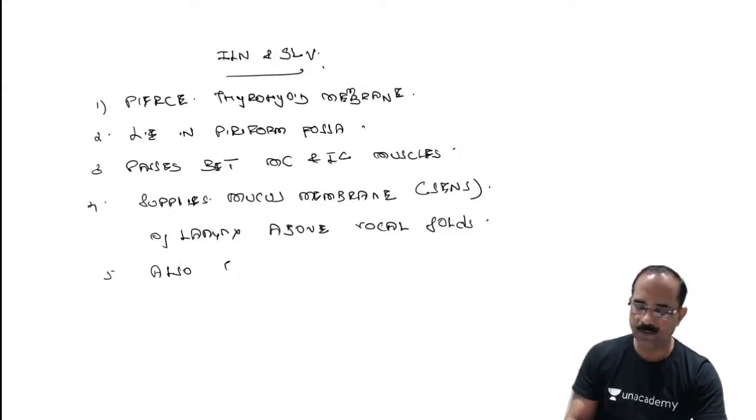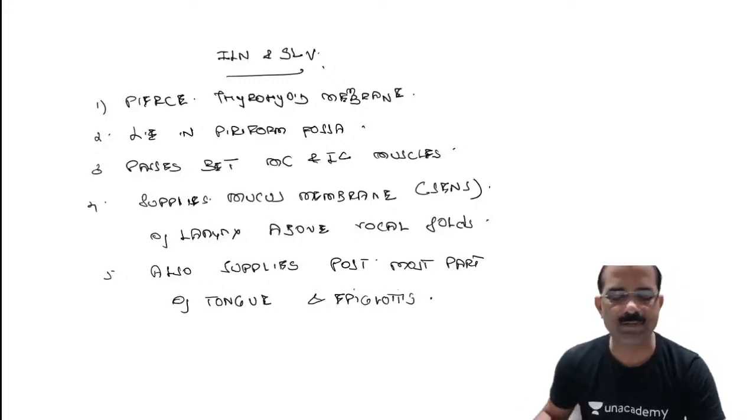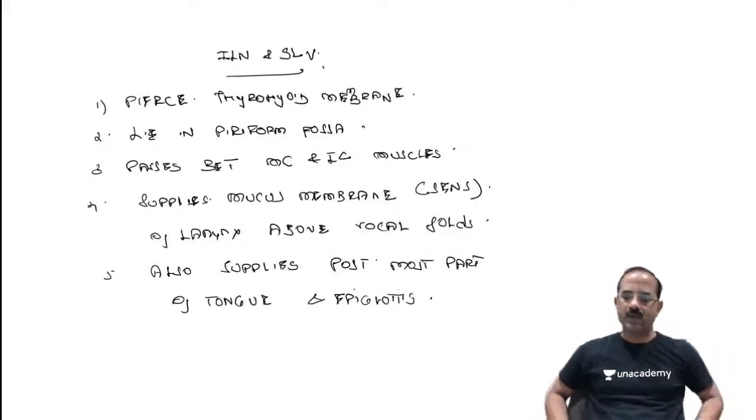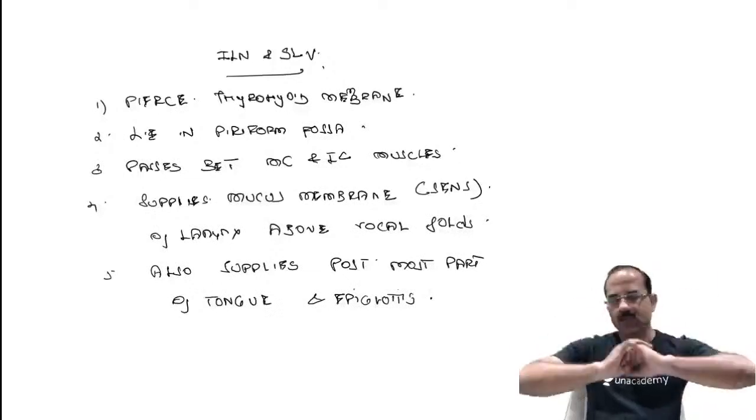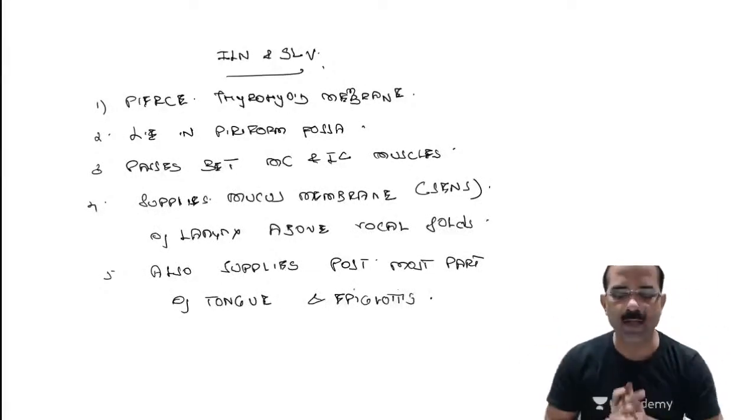Also supplies the posterior most part of the tongue and epiglottis. This should be perfect. So these are all the possible MCQs that you get on the internal laryngeal nerve and the superior laryngeal vessels.